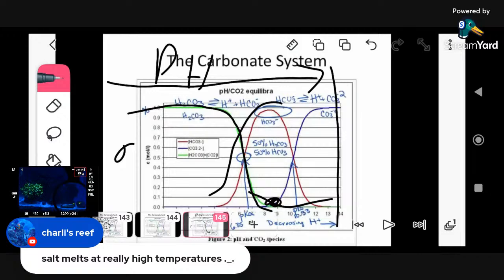You see that he's starting to get bicarbonate, and then after you pick up the pH at 10.5, you start forming carbonate in the water, and usually he's adding that carbonate in the form of soda ash or sodium carbonate.